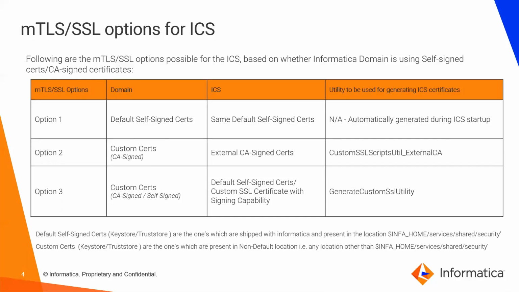You just need to point the Keystore and Truststore file location in the Informatica admin console to the default location, which is Infa Home Services Shared Security. Once you have done it, as soon as you start your ICS service, the required certificate for ICS will be automatically generated using the default self-signed certificate.